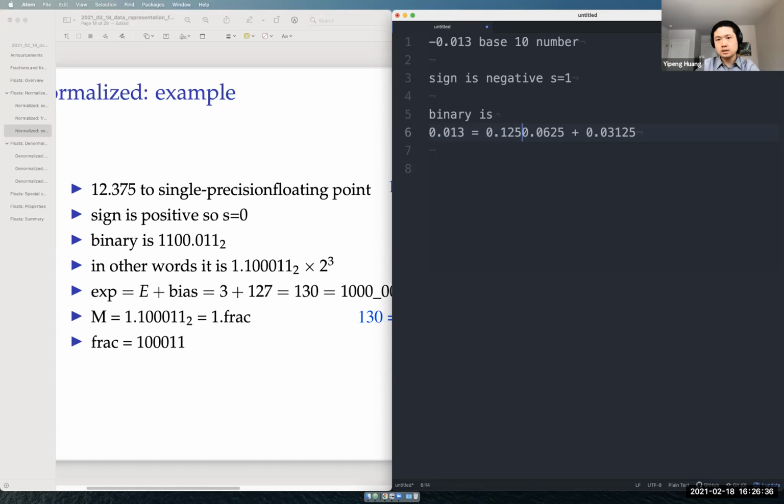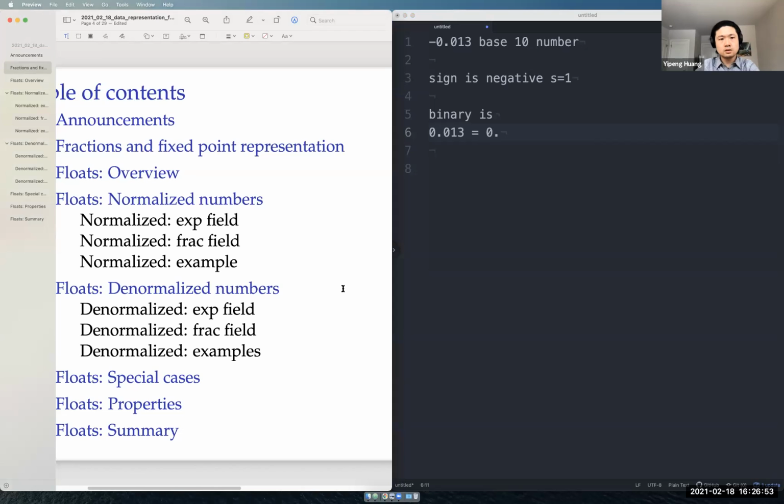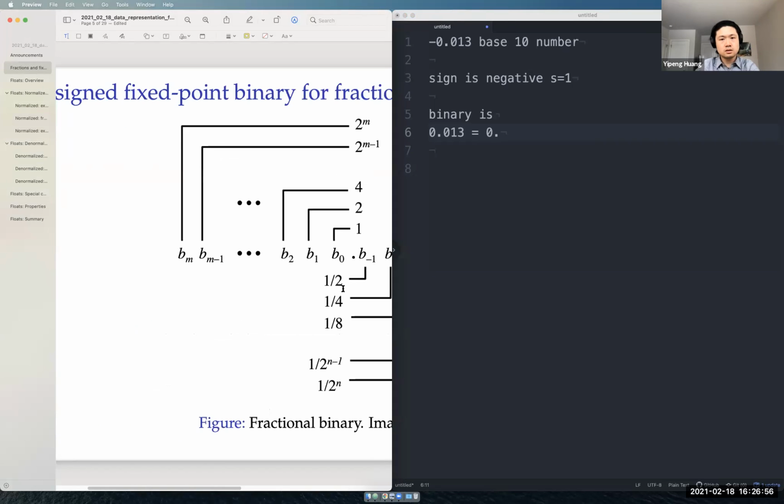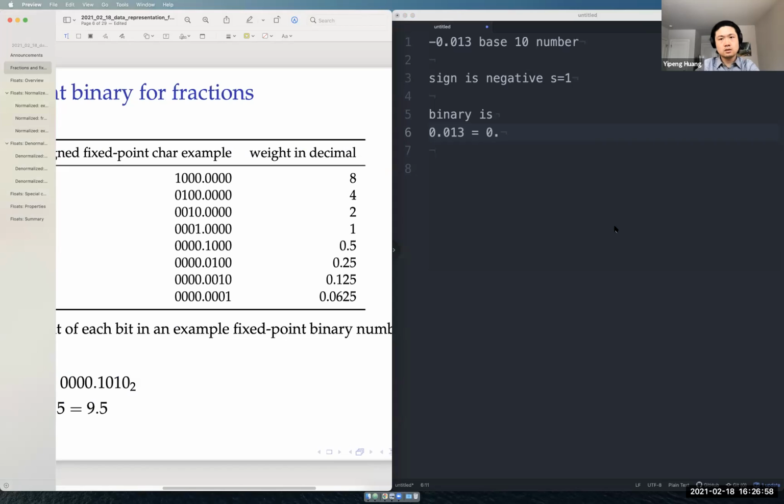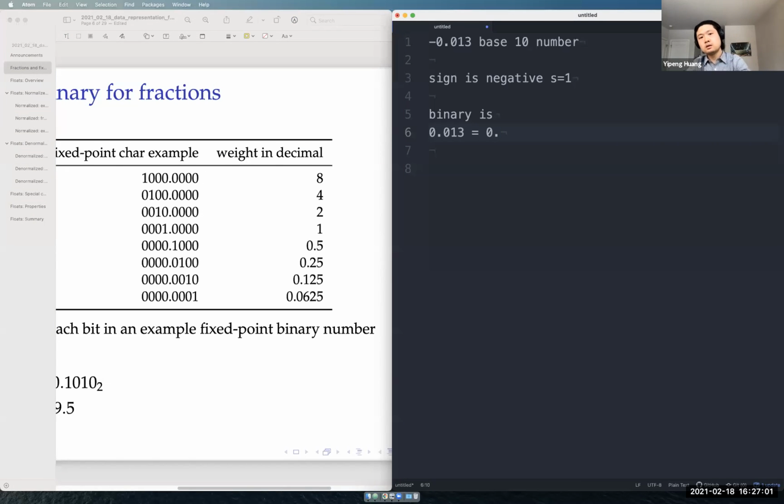Xiaowei is suggesting 0.0125, but this is actually not a power of 2. So let's go through the thought process here. We can go back to our reference slide. Does this representation have a digit in the 0.625 place?